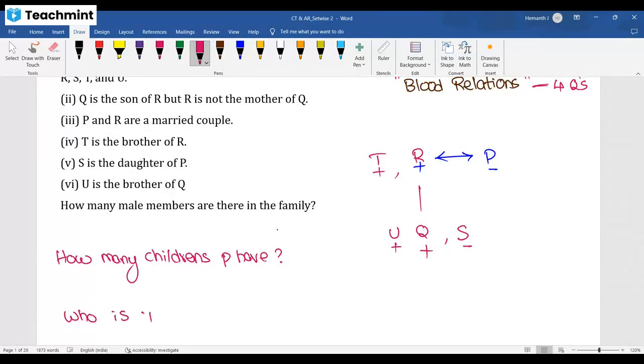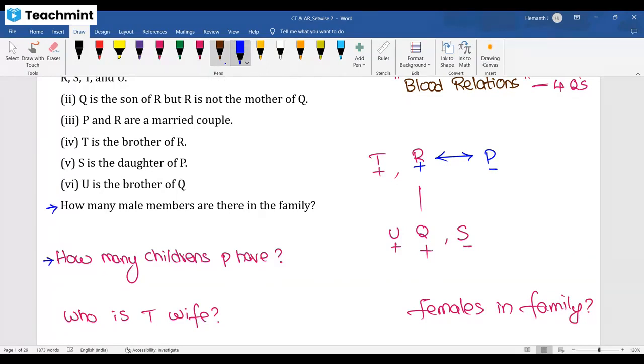They gave one of the options as cannot be determined as well. Who are the females in the family? They asked these four questions actually. So first question, how many male members?